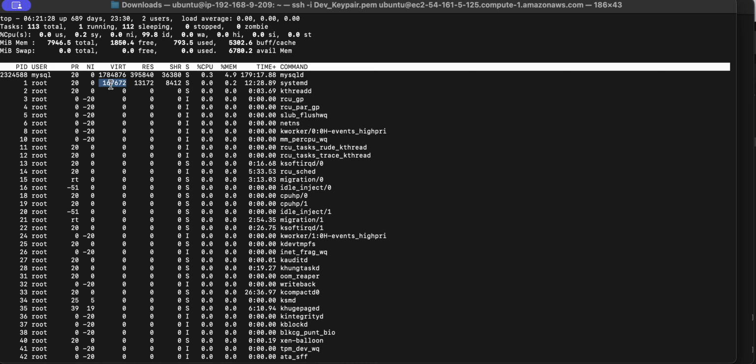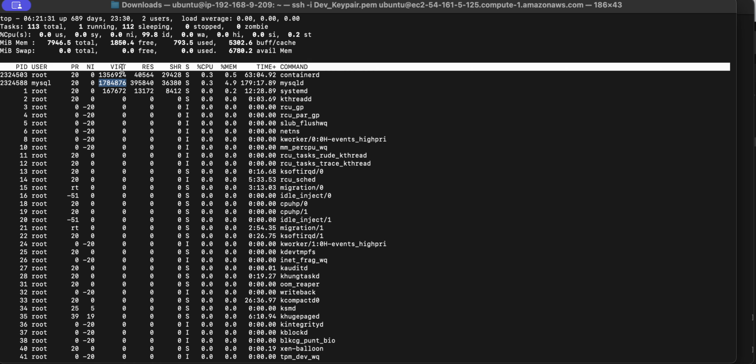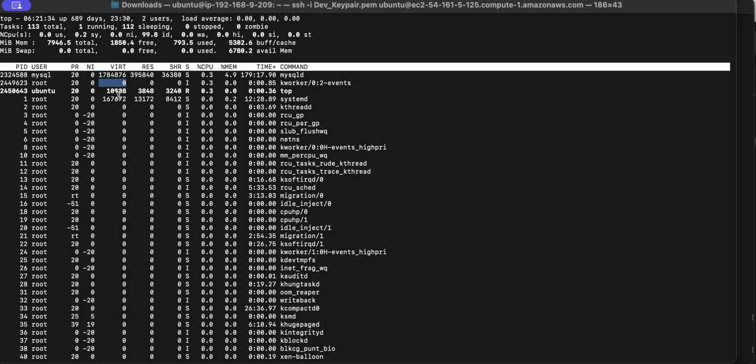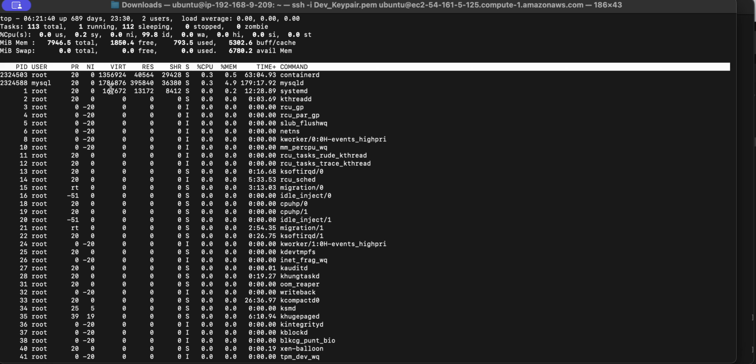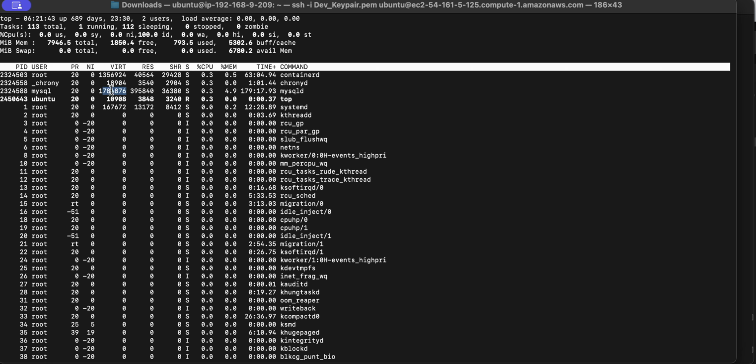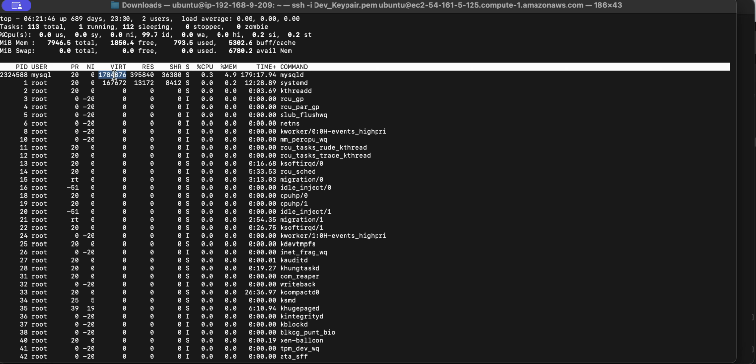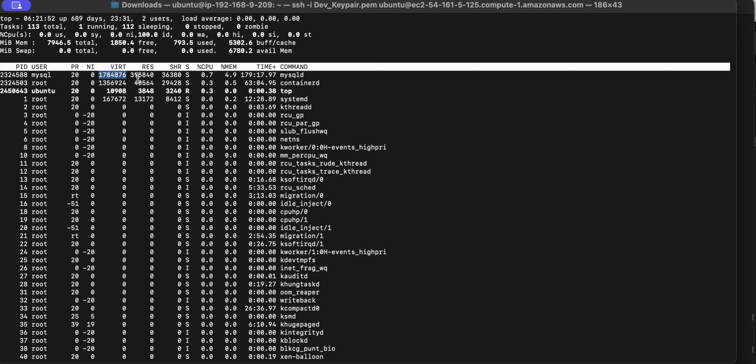It is using around 1.7 MB, or 17 MB if we calculate it. This is using 16, this is using 1.6 MB, this is 17 MB, and this is 13 MB. Or else we can calculate it by dividing by 1024, right? You are aware of it.